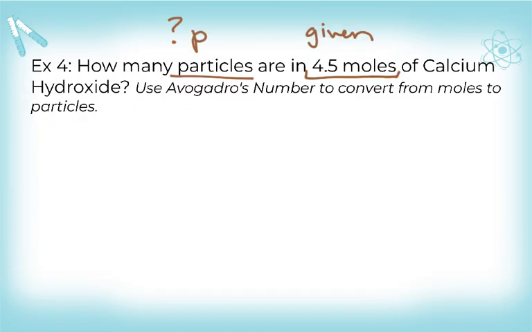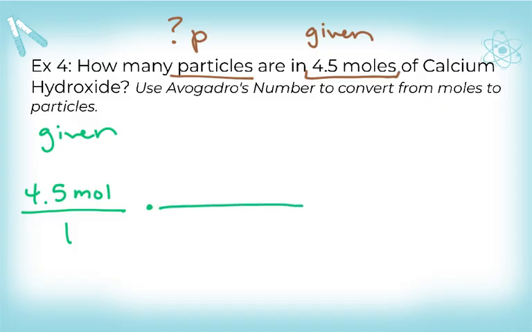I can just go ahead and set this up, starting with my given value. So my given value is 4.5 moles of calcium hydroxide over 1. And then setting this up, really, what's the relationship between particles and moles? Moles are going to go on the bottom.